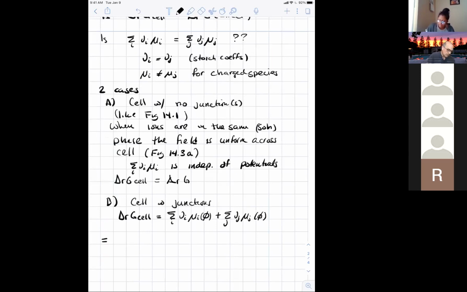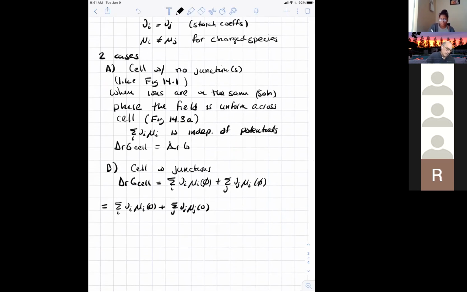Well, let's put what we have here. We have the zero field part, which looks like this, right? And we have the field part, which looks like this.